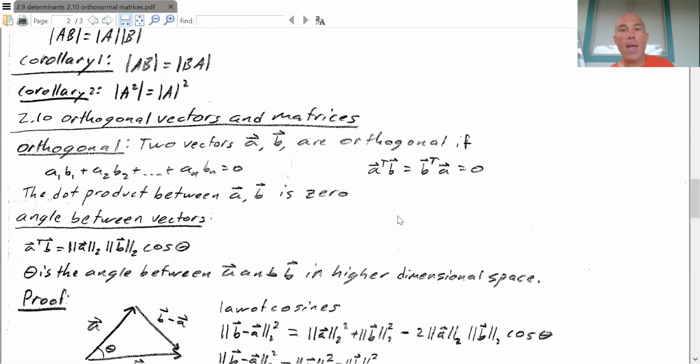In terms of statistics, if two data vectors are close to being parallel to each other, then I can overfit if I have both of them in a linear model. What I like to see are data vectors that have an angle of 90 degrees. Ideally, we will have 90 degrees between all of our data vectors.